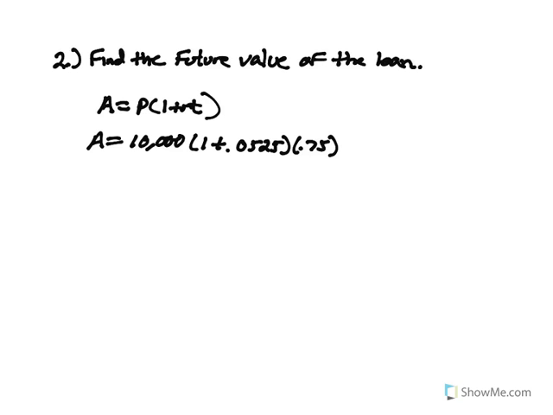So we just go ahead and plug in some information here and calculate. Here's what I did. When you do 0.0525 times 0.75, and then you add 1, you will get a quantity, and then you multiply it by the 10,000.